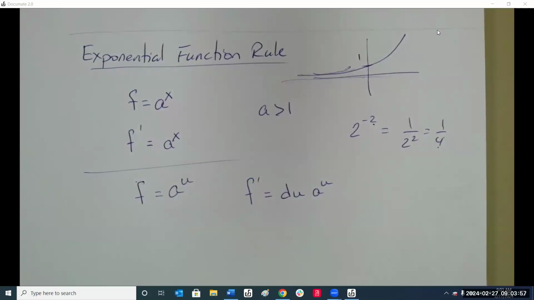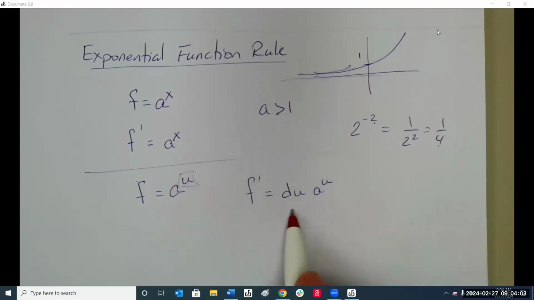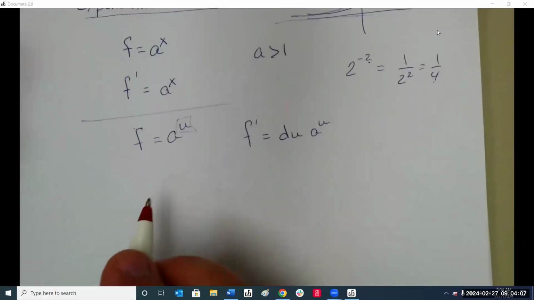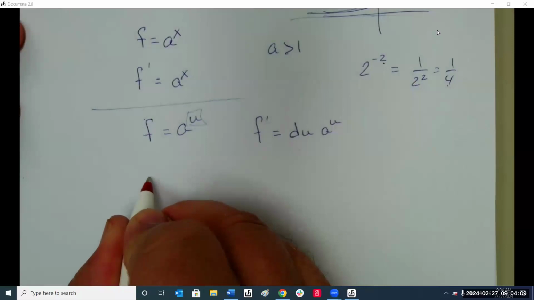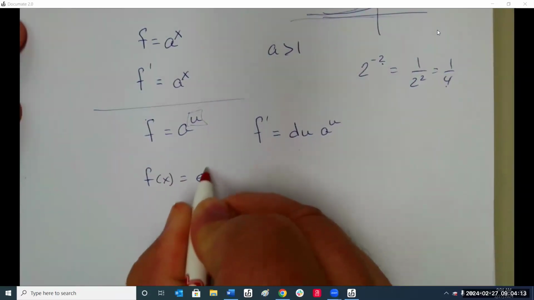That's why exponential is much easier than anything else. All you got to do is take the derivative of the exponent, that goes in front. Leave the equation alone. The most common exponential function we have is e to the x.